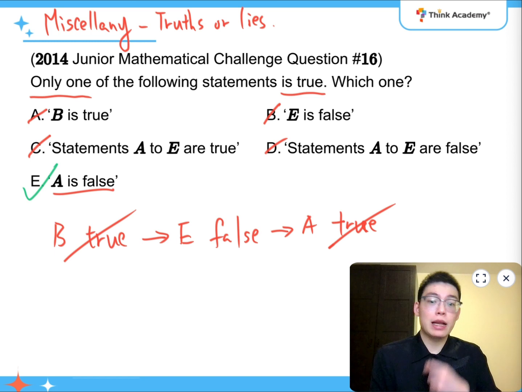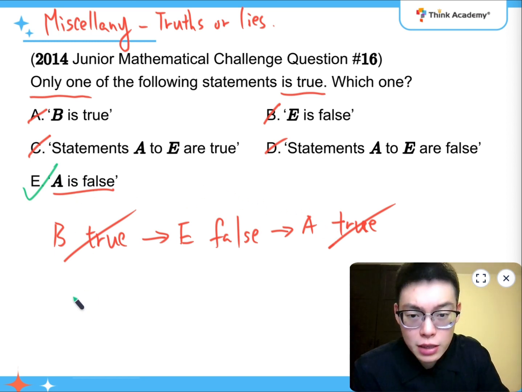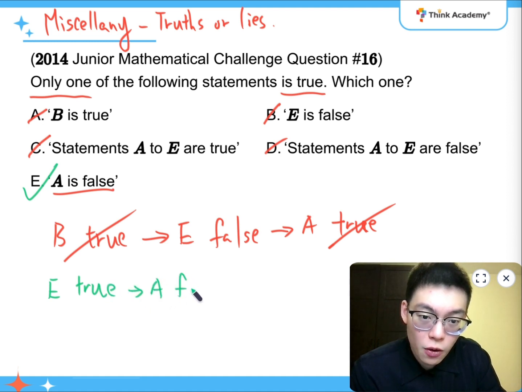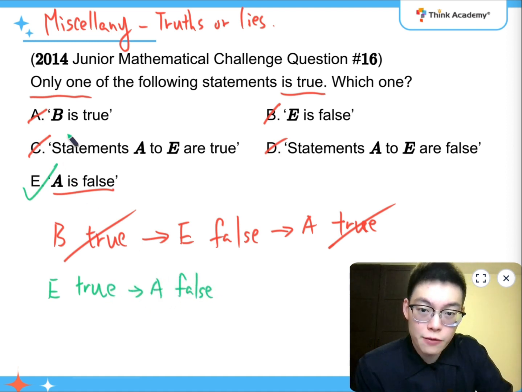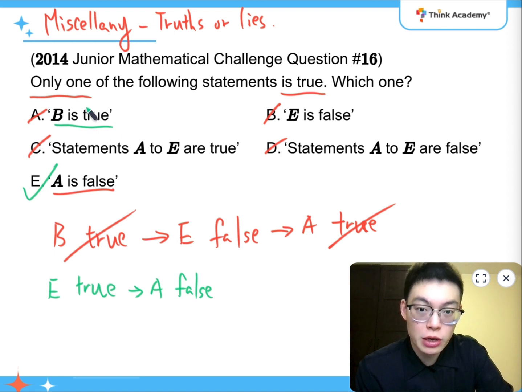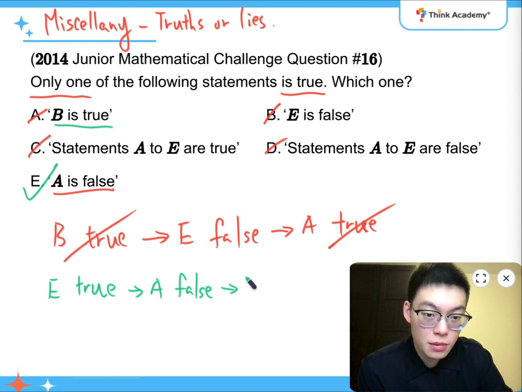So now let's see how E works, all right? So if E is true, it means that A is false. If A is false, then this statement is false, which means that B is the opposite of true, which is false. So B is false, which means that this statement is false.